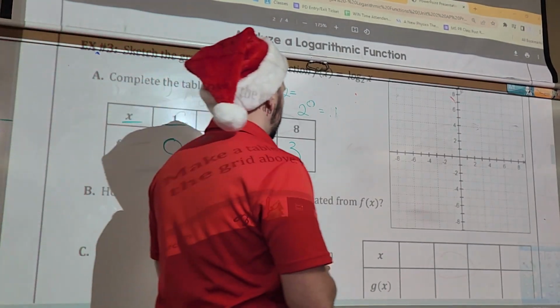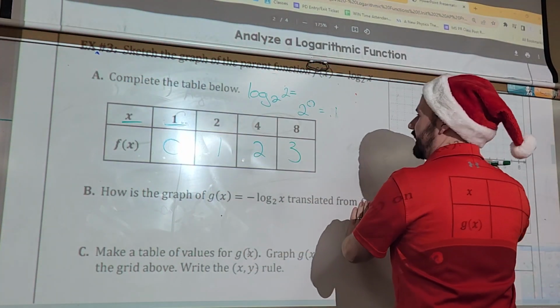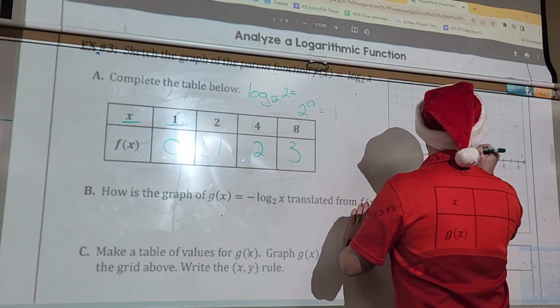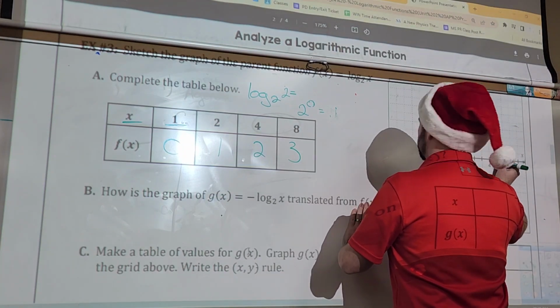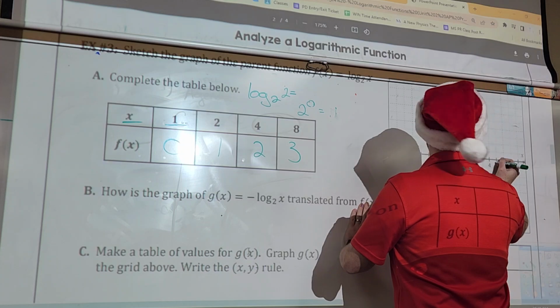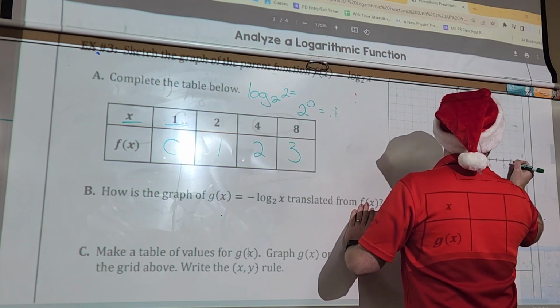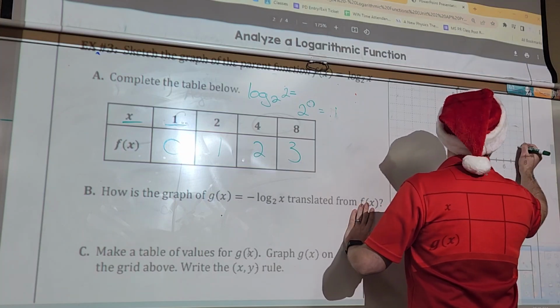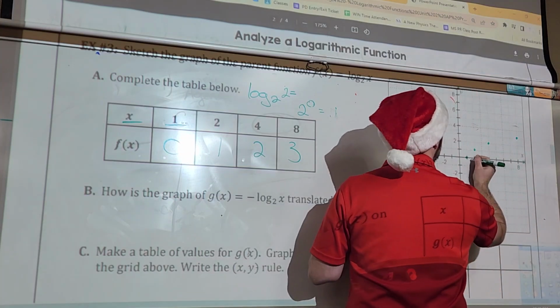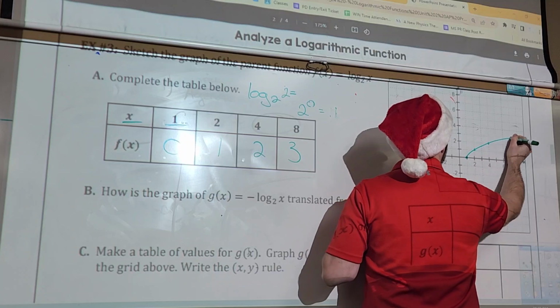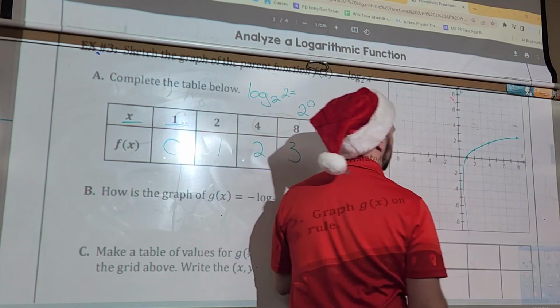Sorry, I'm doing this pretty quick. So I have 1, 0. 2, 1. 4, 2. 8, 3. Because what's this look like? An exponential.